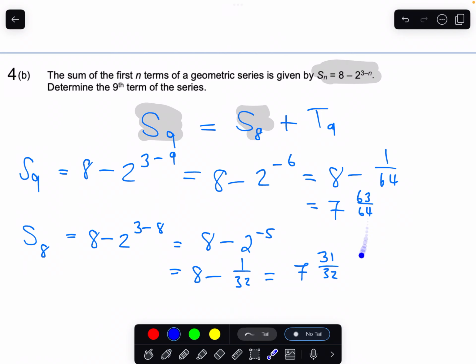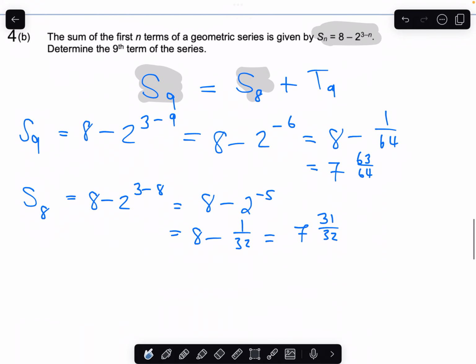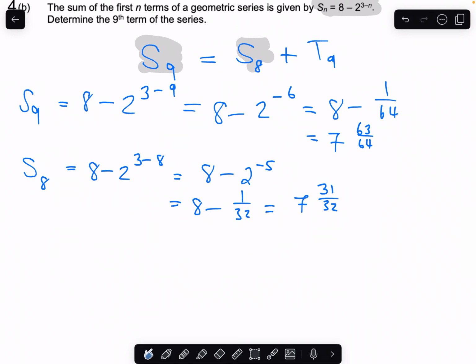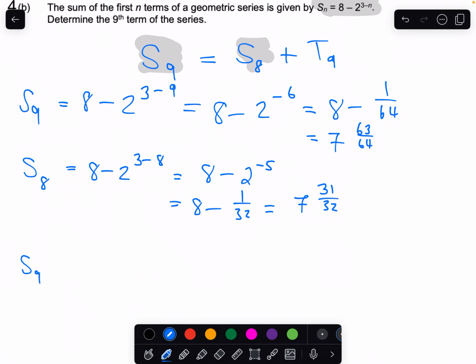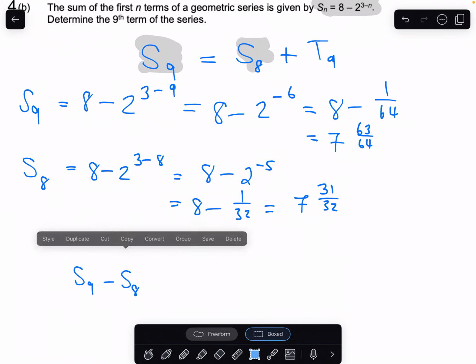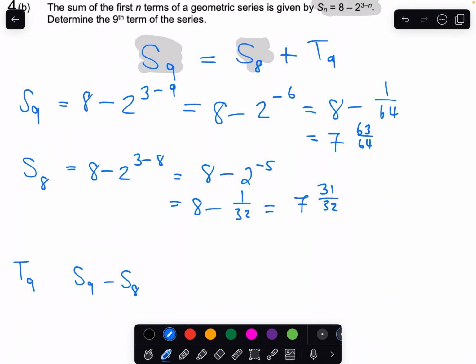So the difference between these series is going to give us whatever the 9th term is. So the 9th term will be equal to S9 minus S8, which is 7 and 63 over 64 minus 7 and 31 over 32.